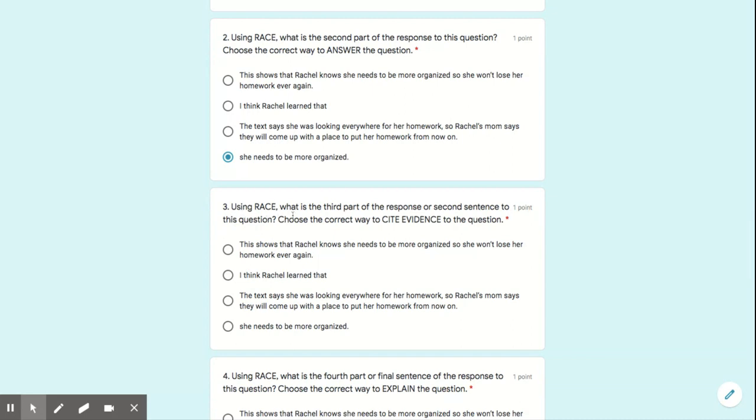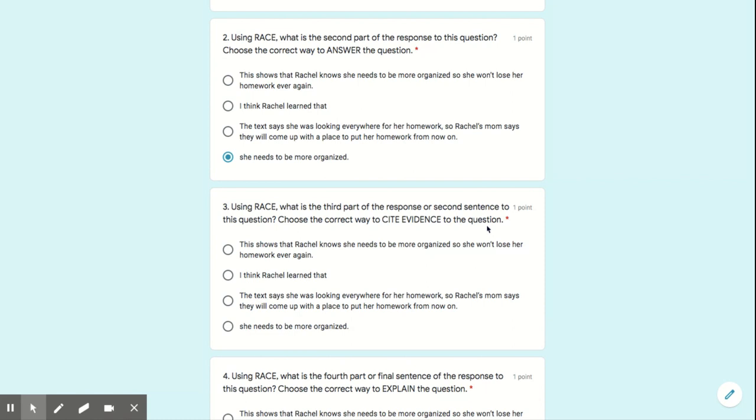Using RACE, what is the third part of the response, or second sentence, to this question? Choose the correct way to cite evidence to the question. So if you remember, when we cite evidence, we get it from the text. And hopefully you remember those little sentence starters that we always used.